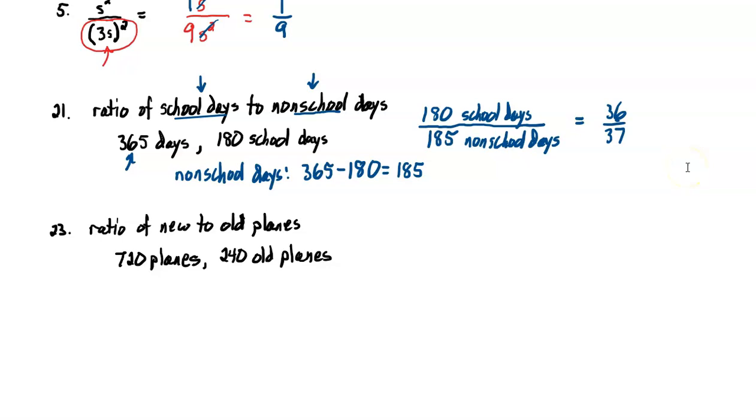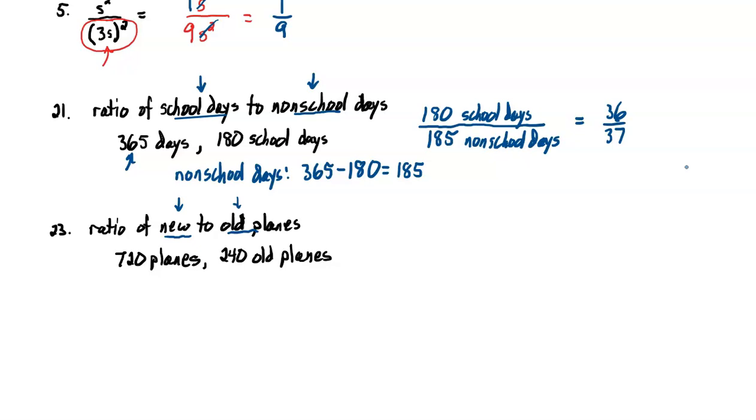Now number 23. There's a little story problem that talks about airplanes, and we're asked to write a ratio of new planes to old planes, and it has to be in that order. The new planes has to be the first number, and the old planes has to be the second number when you write your ratio. Well, we don't know the number of new planes.